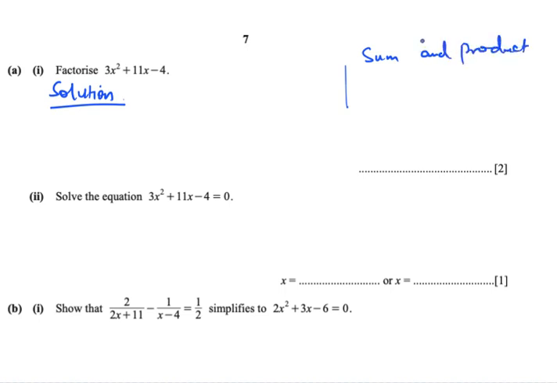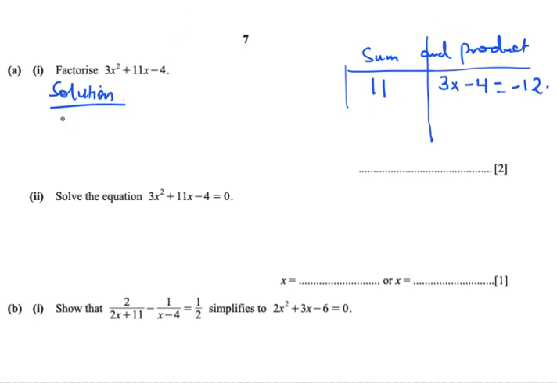Okay, now in this case, the sum is 11 and the product will be 3 times the c, the constant. Okay, we know that a quadratic equation is ax squared plus bx plus c, so the product will be negative 12. So we need to get two numbers that we add to get 11 and we multiply to get negative 12.